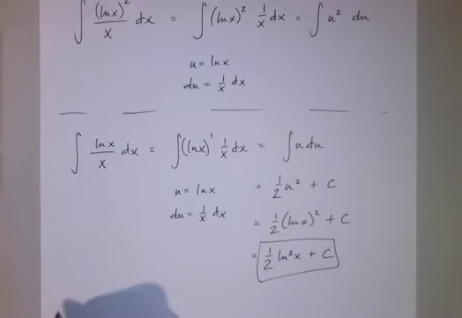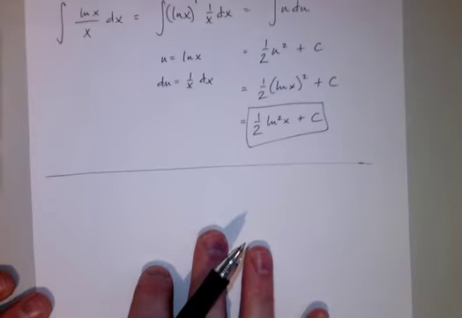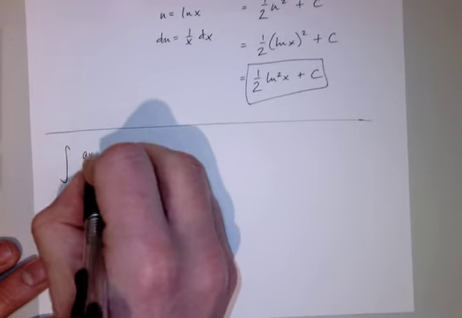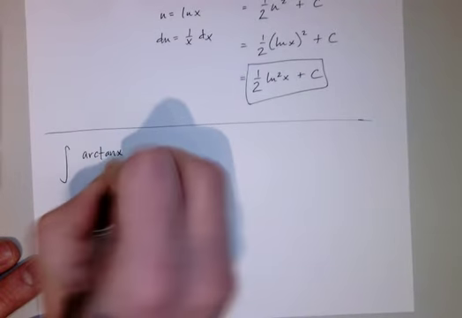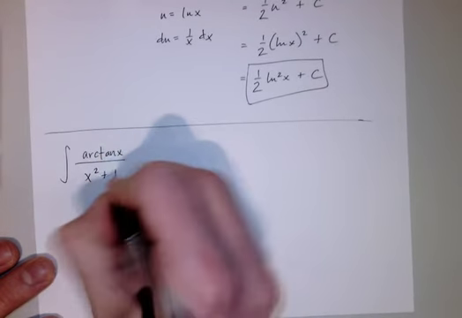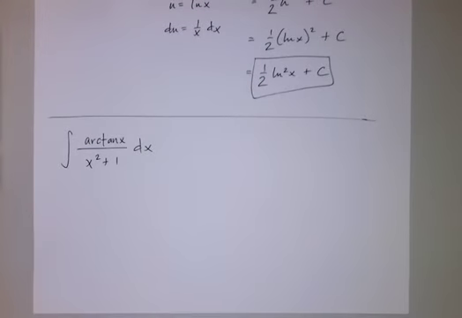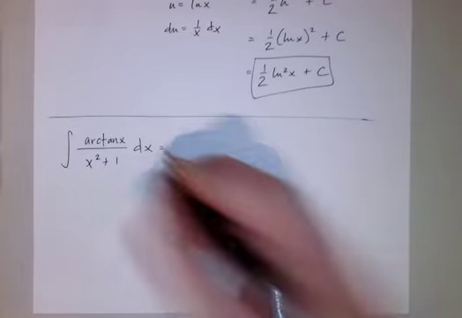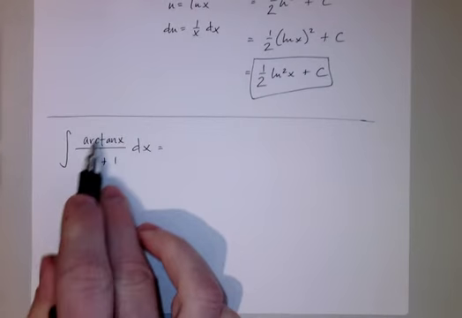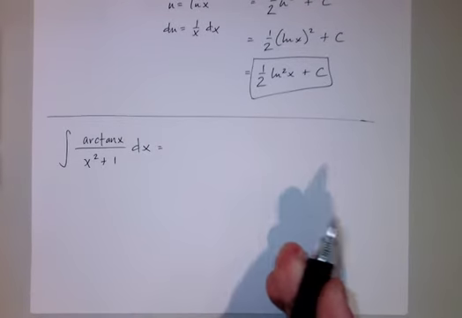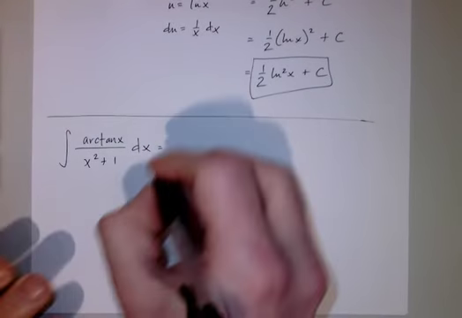Okay, well, how about one that's similar? How about this? And of course, this one's going to be pretty easy for you since I just did the previous one. So you have arctan x squared over x squared plus 1. Well, like I said before, if I had put parentheses around the arctan and raised it to the second power, or raised it to whatever power, it would have been very easy to see.